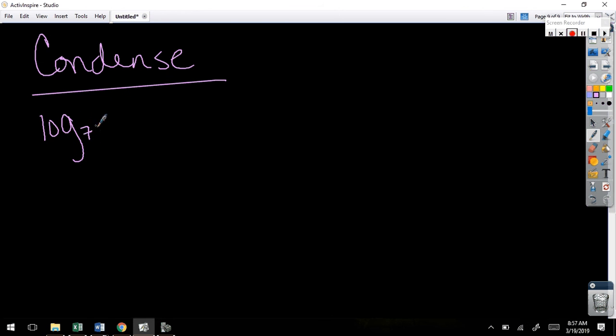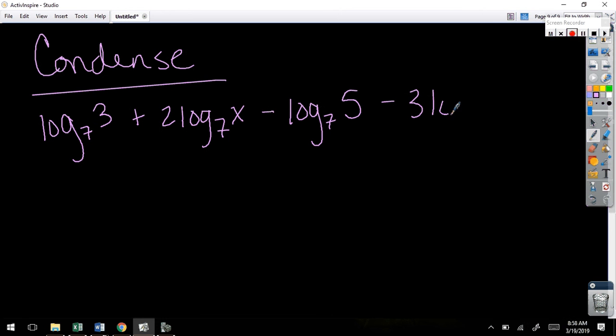Log base 7 of 3 plus 2 log base 7 of x minus log base 7 of 5 minus 3 log base 7 of y.